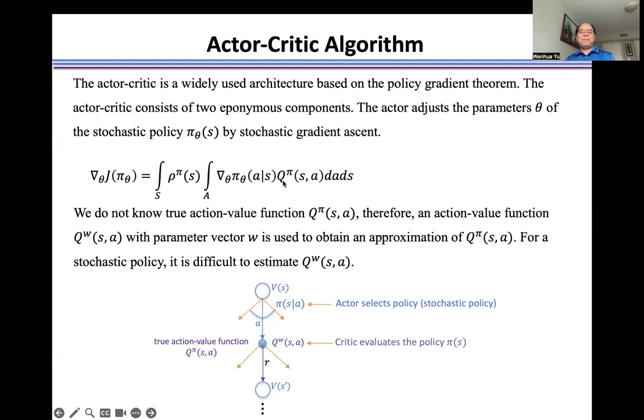If we can get Q_w, then we can evaluate the actor, that is, we can evaluate the performance of the policy. As we mentioned, since the true Q function depends on the whole trajectory, for the stochastic policy we cannot know the true Q pi value. That's why we try to find a way to calculate the Q_w here.